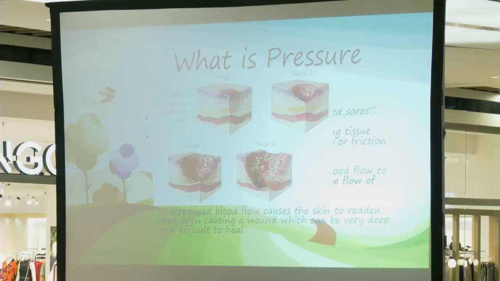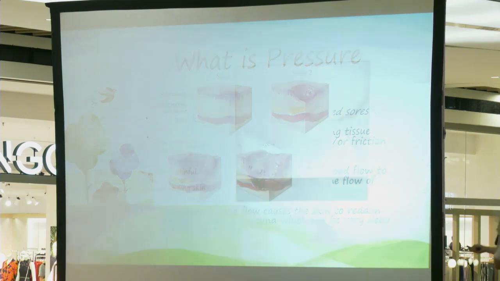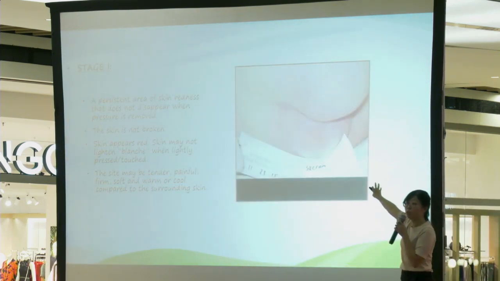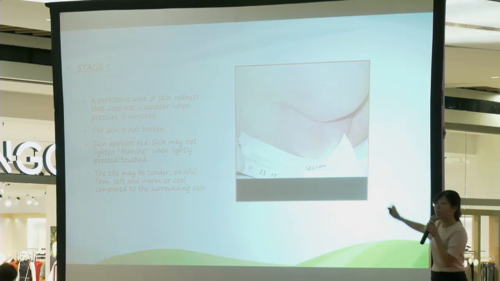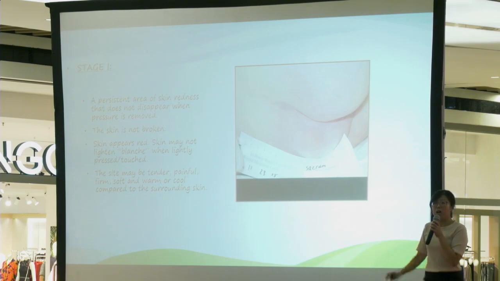Same as the diabetic foot ulcer, we categorize it into 4 stages, from stage 1 until stage 4. These photos might not be able to show clearly. Okay, you can see from here, this is stage 1. You can see the buttocks start to be reddish. So same as DFU just now, it sets an alarm for the caregiver already.